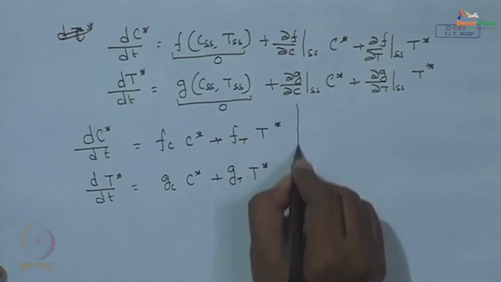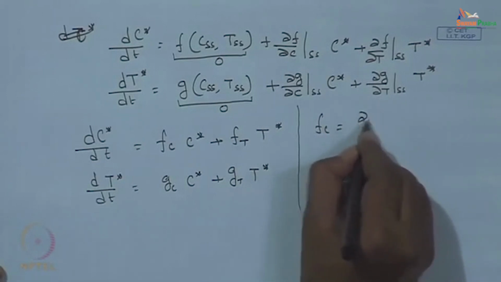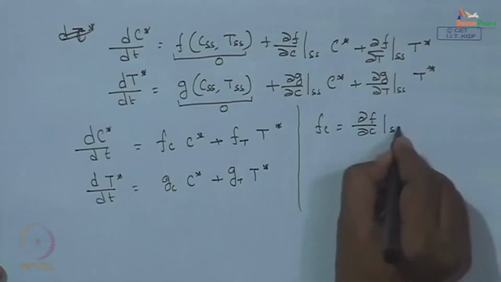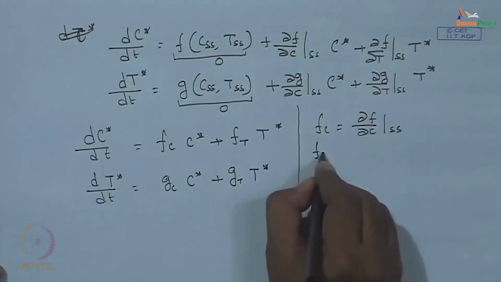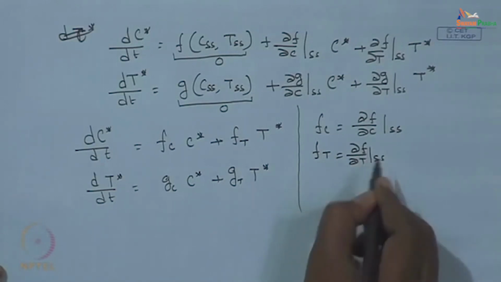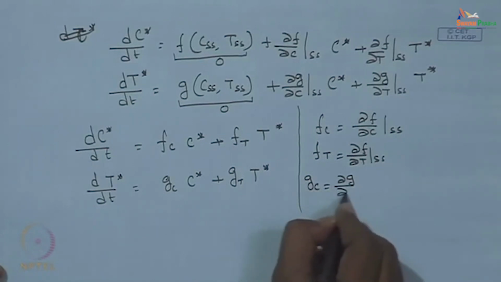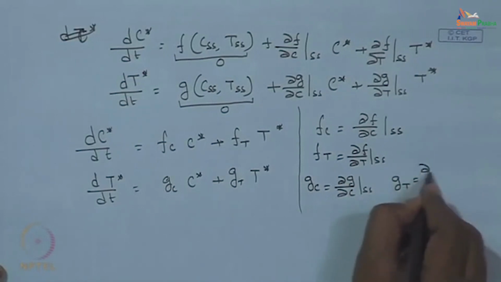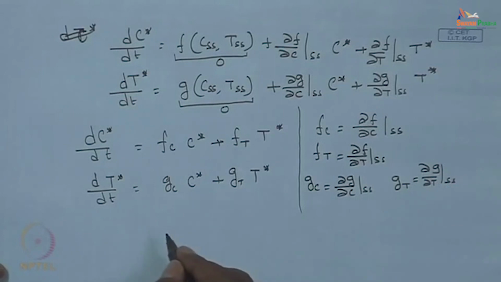So, what is f_c? f_c is nothing but ∂f/∂C at the steady state, f_t is ∂f/∂T evaluated at steady state, g_c is ∂G/∂C evaluated at steady state, and g_t is ∂G/∂T evaluated at the steady state.